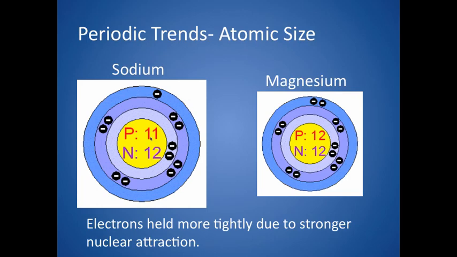All right, so over here you've got 11 protons and these 11 electrons, and it's at this distance away, the third energy level away. But here your electrons are still only that third energy level away, but you've got 12 protons pulling on them, so they get pulled in more tightly. So again, the trend is that as you move from left to right on the periodic table, the size gets smaller.